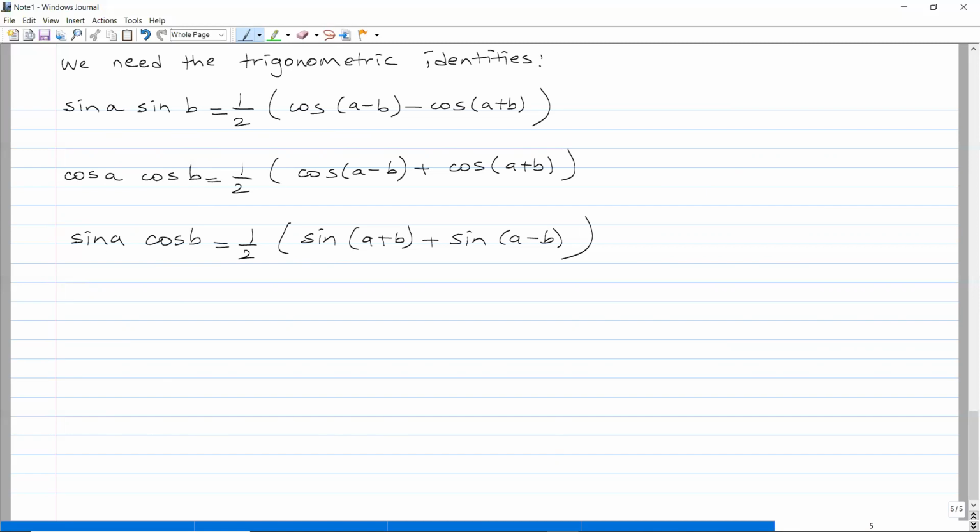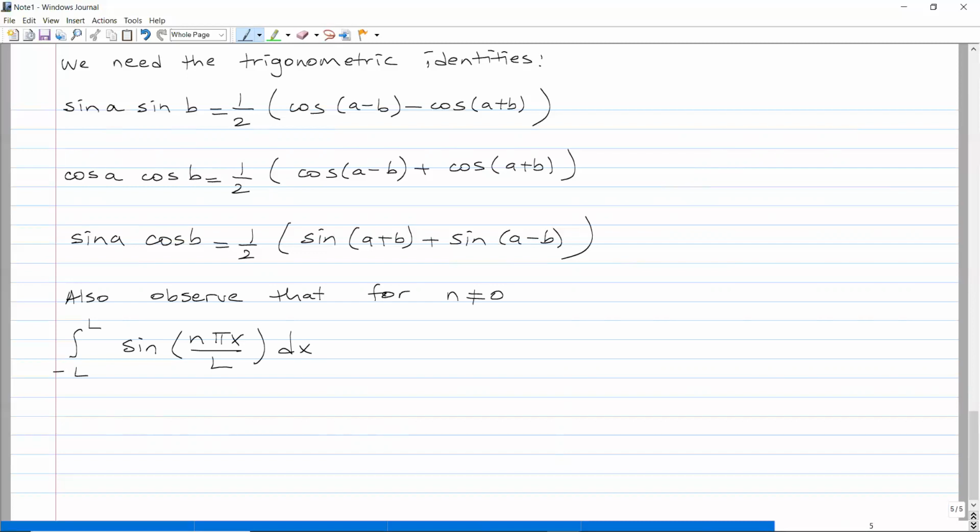Also, observe that for n different from 0, the integral from minus L to L of sine n pi x over L. This integral is easy to compute.